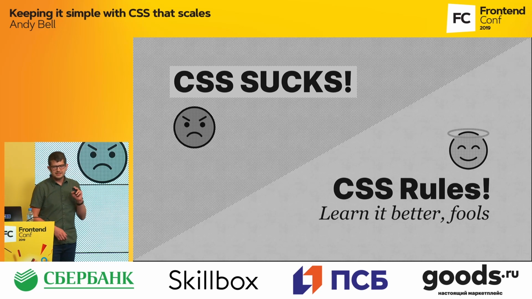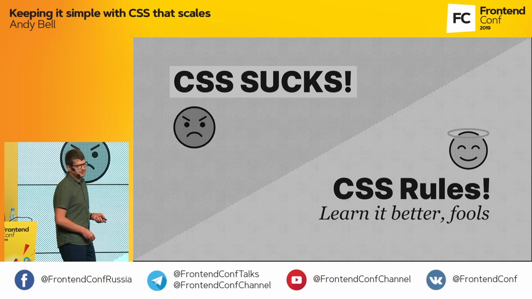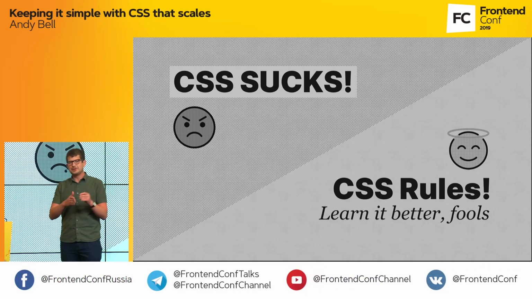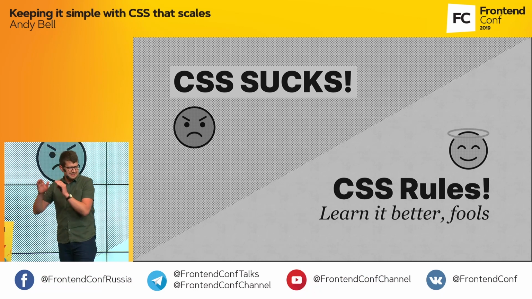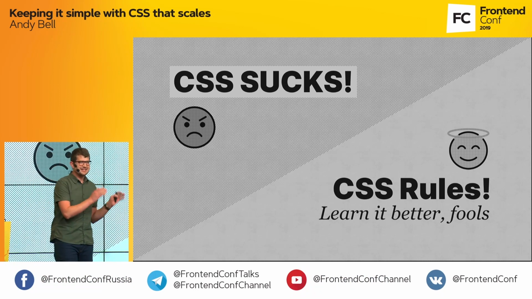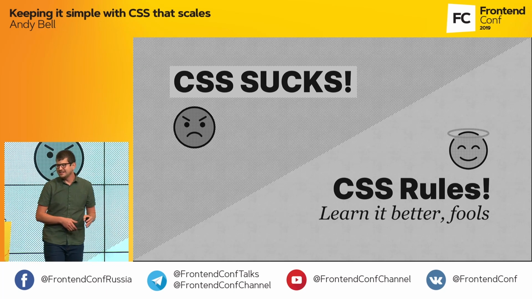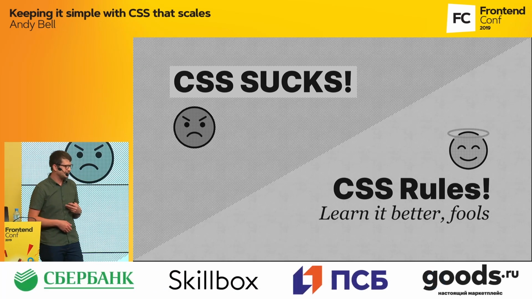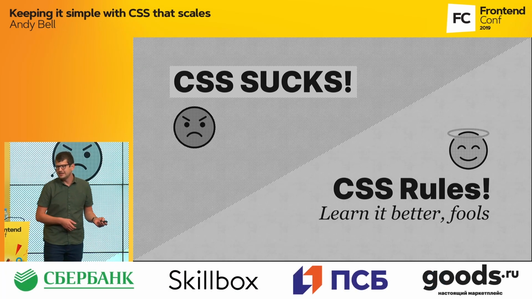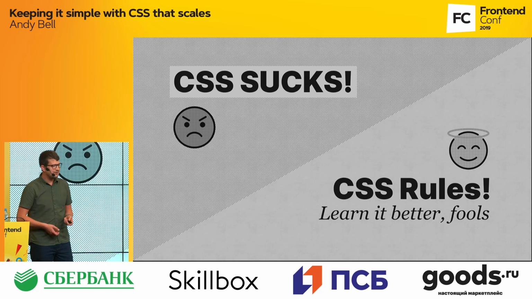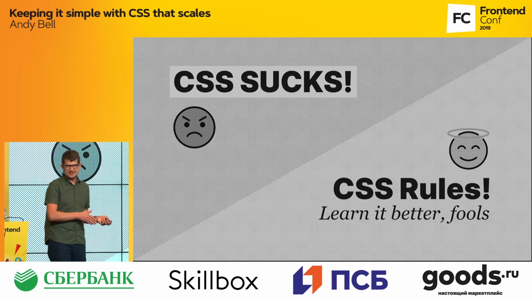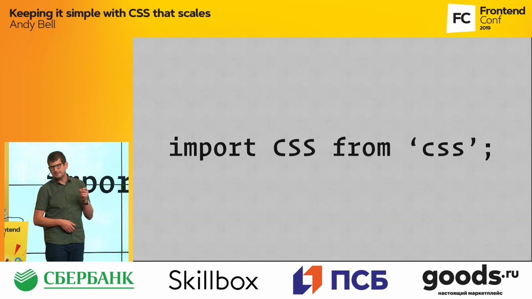So, CSS has a weird place on the web today. We've got some polarization between the CSS sucks camp and the CSS rules camp. And I empathize naturally with the CSS rules camp. And I'll explain why, because I've got a theory as to why the CSS sucks camp feel like they do.